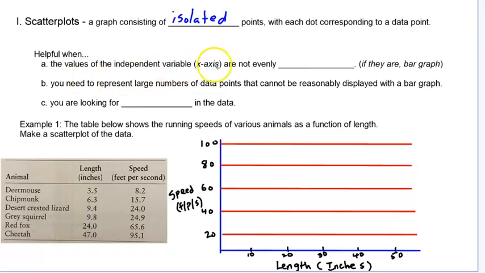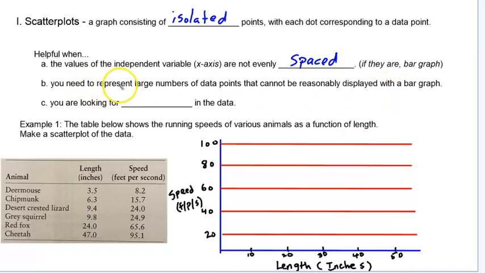The values of the independent variable, again, that's the x-axis, are not evenly spaced. If those values are evenly spaced, then a bar graph would probably be a better option. They're also helpful when you need to represent a large number of data points that cannot be reasonably displayed with a bar graph.